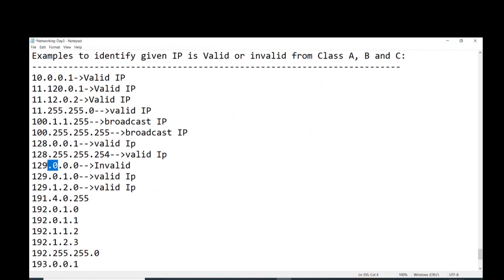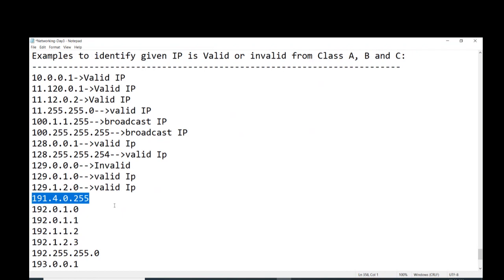Okay, so this and this are in the same network, but this is an invalid IP, it cannot be assigned. Only this one is a valid IP. And this network ID is 129.0, and this IP address's network ID is 129.1. So both have different network IDs. Okay, so is this valid? It's valid, sir, but it's a broadcast ID, sir.